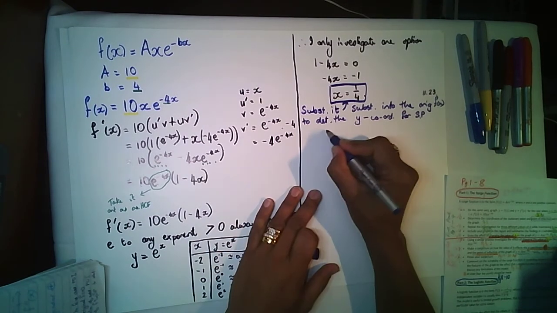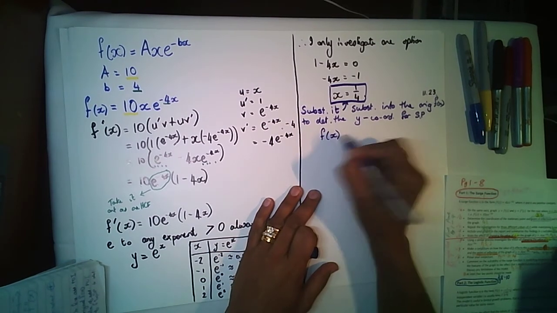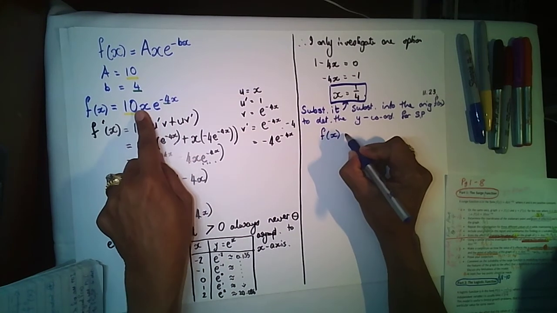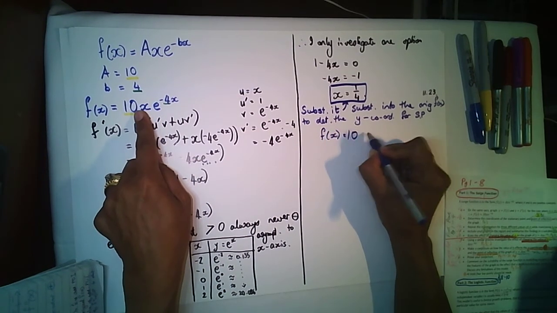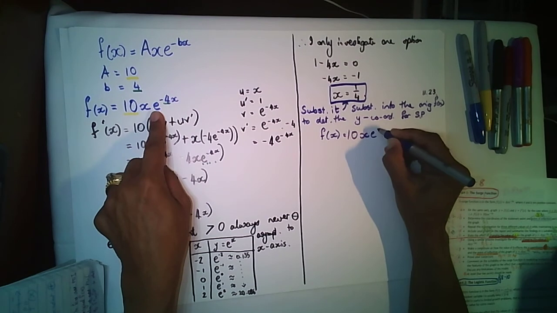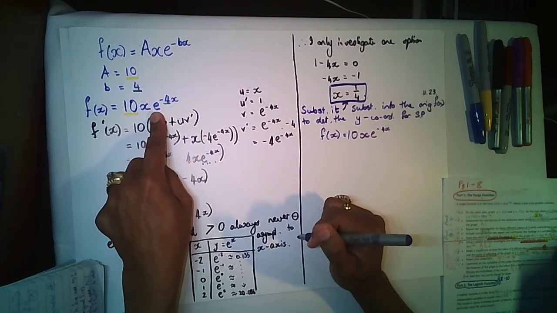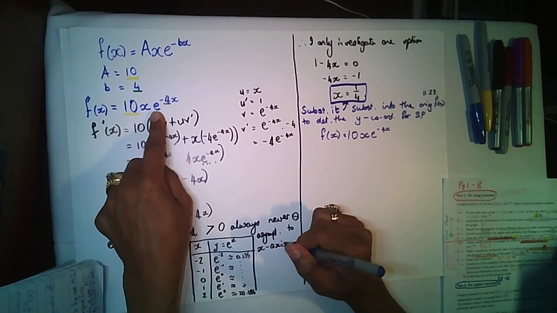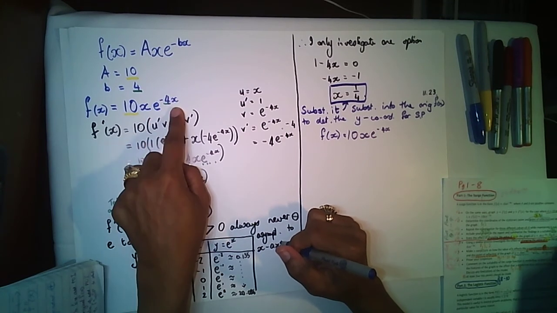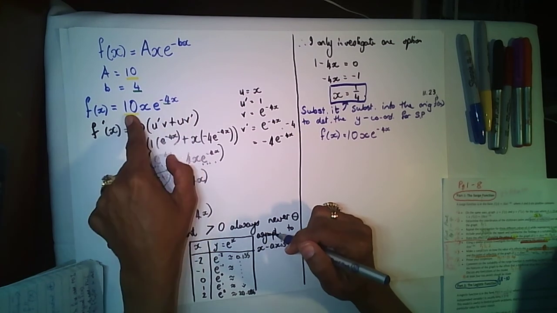So if we're starting out with our original function, which we said on that part is equal to 10x e to the negative 4x, because we've substituted our value for b to be 4, and we've substituted our value for a to be 10.